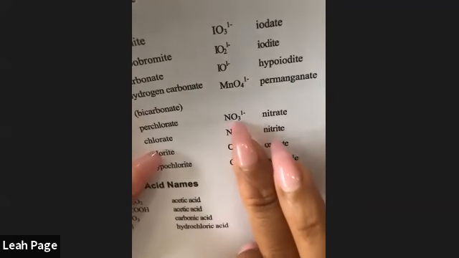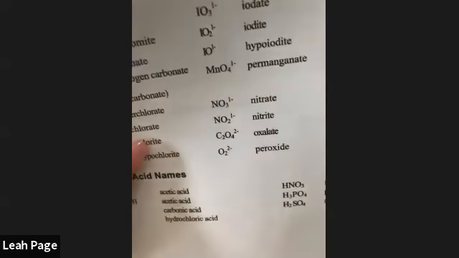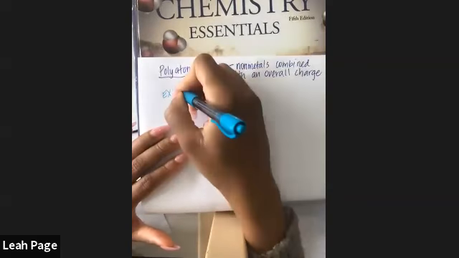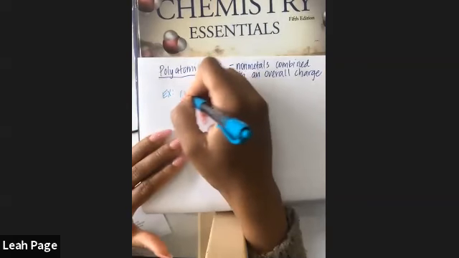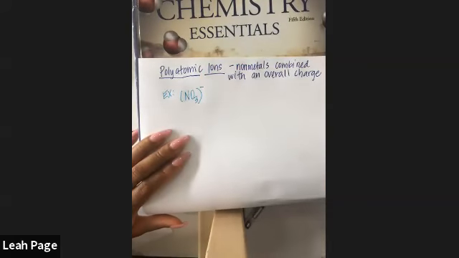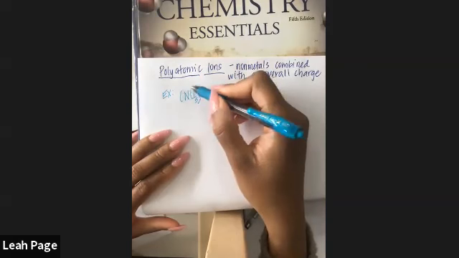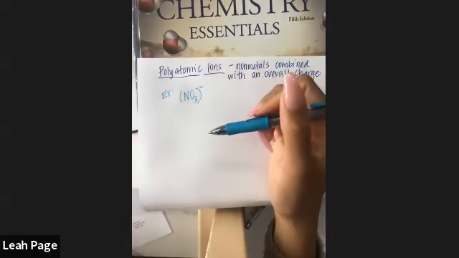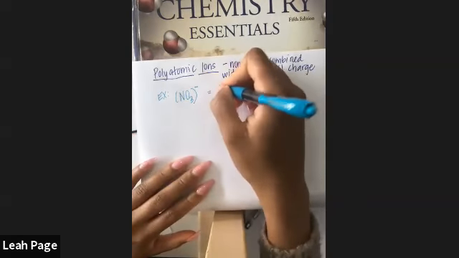So NO3, 1-. What this is really saying is that I have a group of nonmetals. Nitrogen and oxygen are both nonmetals. I have 1 nitrogen, 3 oxygens, and their overall charge is -1. So not just the -1 on the oxygen, it's a -1 on these combined nonmetals. And this is nitrate.